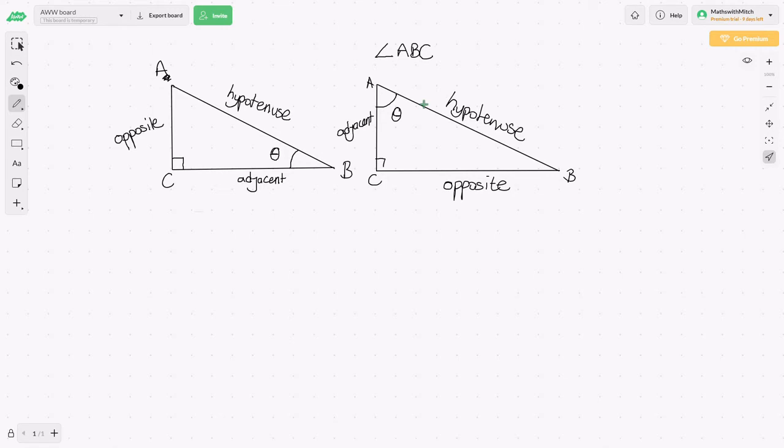So the notation, it's always the same labeling, but it depends on which angle you're looking at as to whether it's the adjacent or opposite. So remember the rules. Hypotenuse, the long side, adjacent is next to or makes up the angle which you're looking at, and then opposite is the line which is directly across or directly opposite the angle that you're looking at and the angle of concern with your problem.